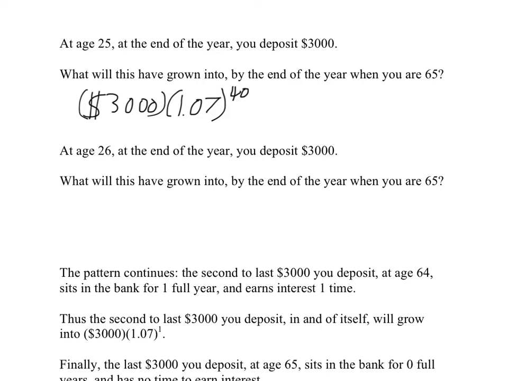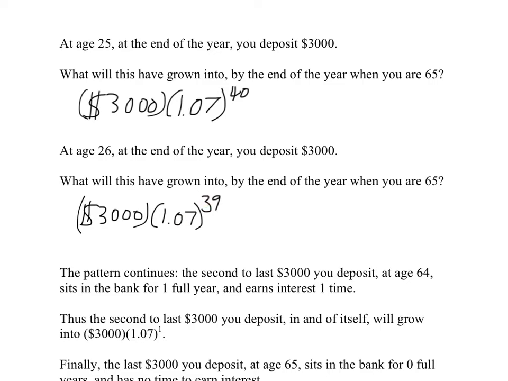The following year, that $3,000 deposited at age 26 gets to sit in the bank for 39 years. It gets to be multiplied by 1.07 39 times. So from age 26 until age 65, 39 full years go by.